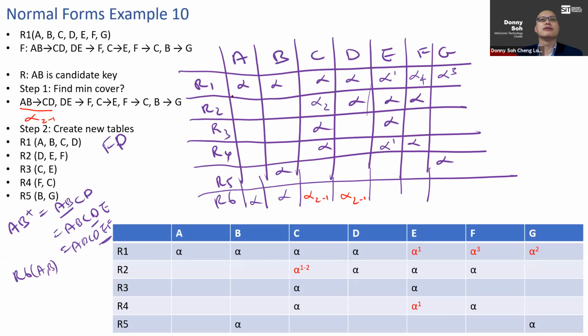D implies F, I cannot do anything yet. So C implies E, alpha 2-2. Then DE implies F, alpha 2-3, and lastly B implies G, alpha 2-4.